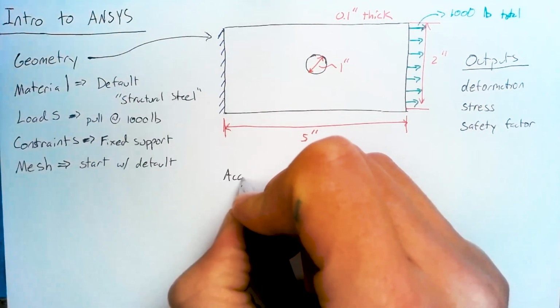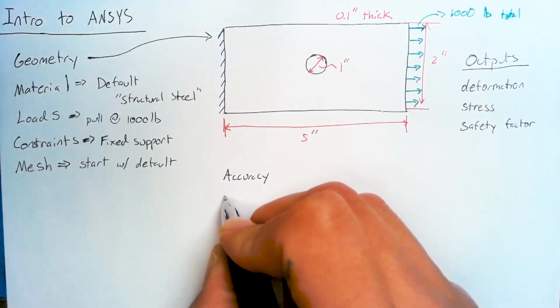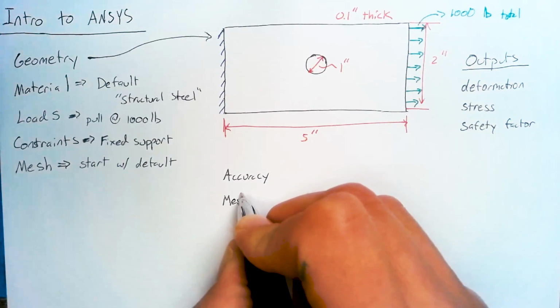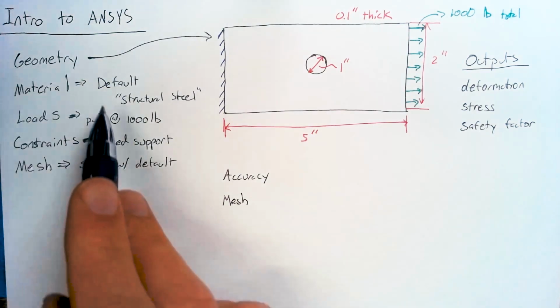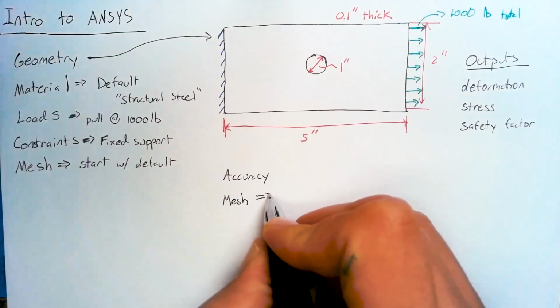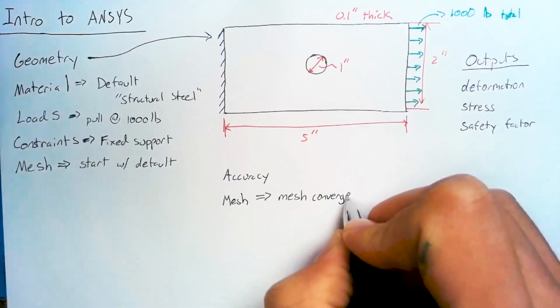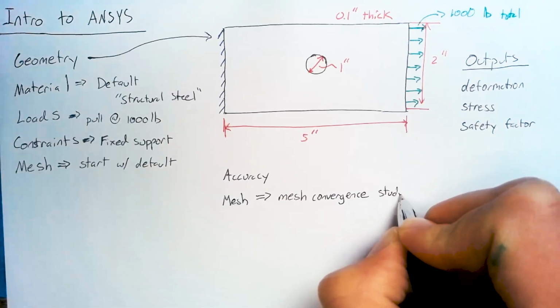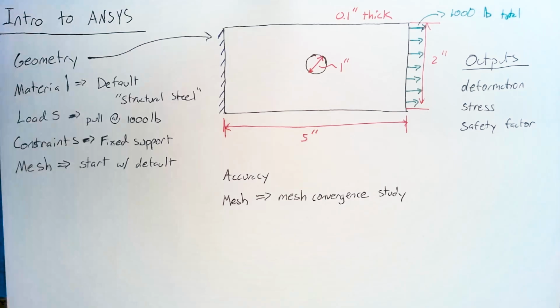If we're interested in accuracy, we'll look first at the mesh, because the mesh has nothing to do with what's physically happening, and it's all about how ANSYS understands the problem. So for the mesh, we're going to look at something called a mesh convergence study. And this allows us to see how much that mesh actually impacts our solution.